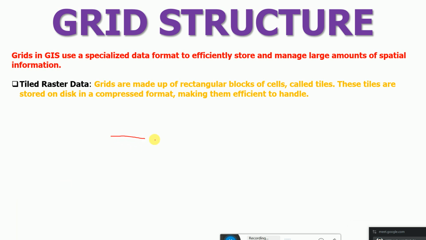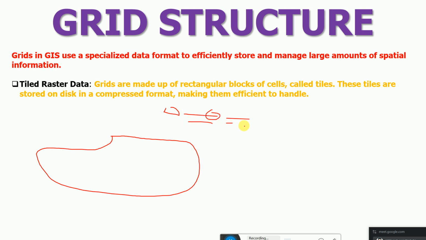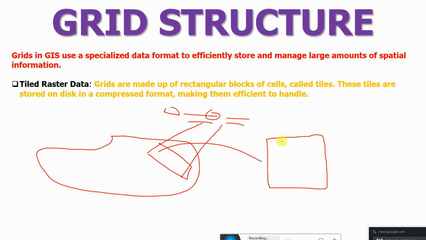Suppose this is a very huge area, and this is your satellite. It covers this area, and this data is stored in a grid format, gridded data. The grid is made up of cells or pixels.